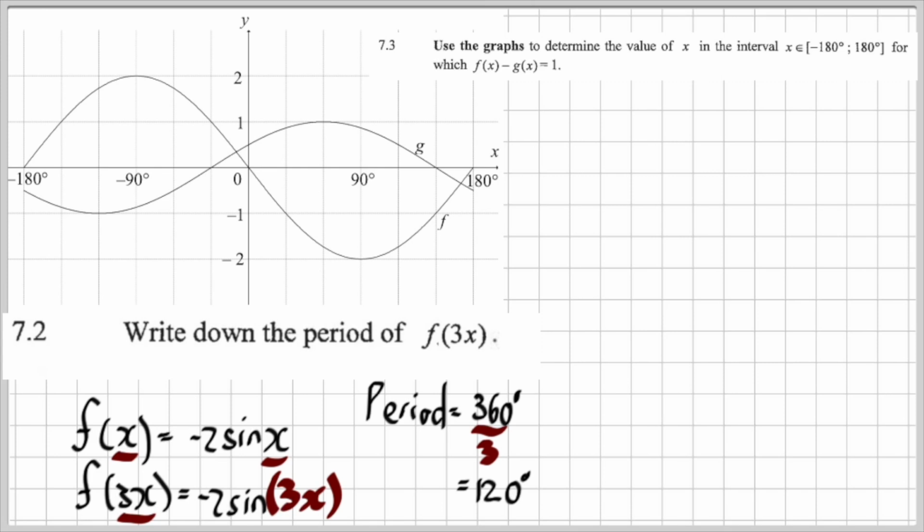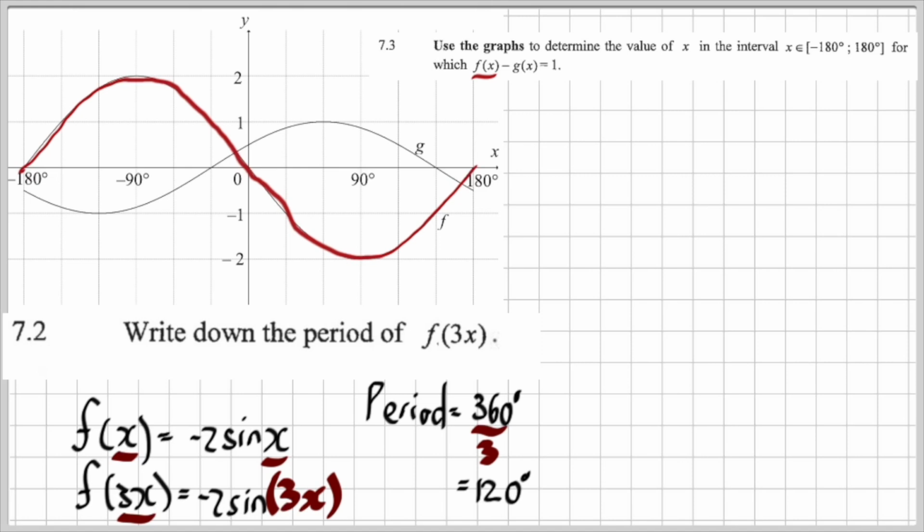Looking at question 7.3, it reads, use the graphs to determine the value of x for the interval between negative 180 to 180, in other words, the whole domain from negative 180 to 180, for which f(x) minus g(x) is equal to 0. I'm going to highlight f(x) with red.